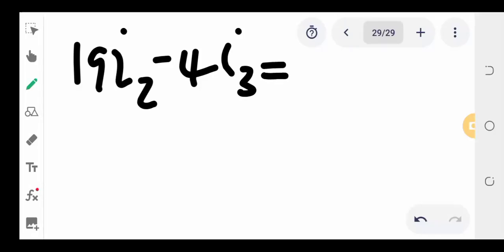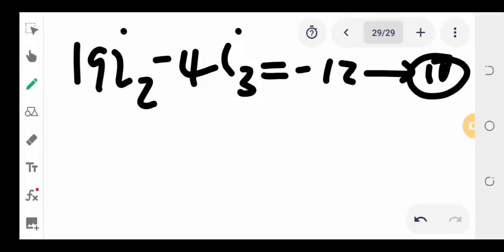This must give us negative 12. This is my new equation, equation 4.